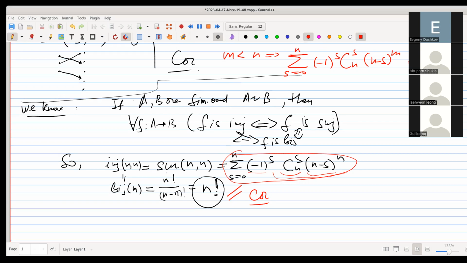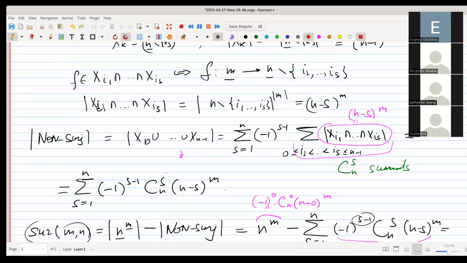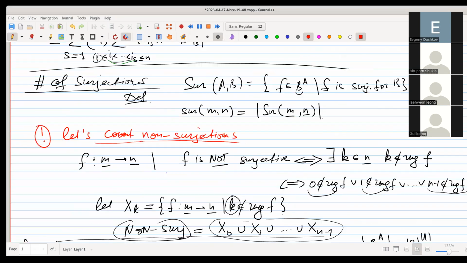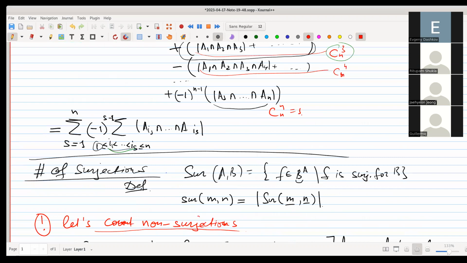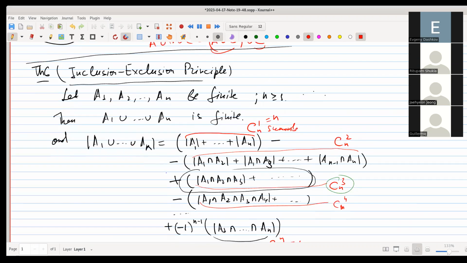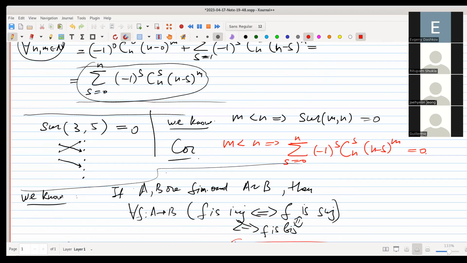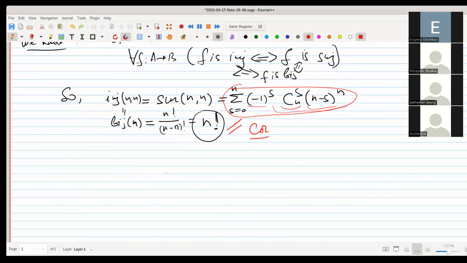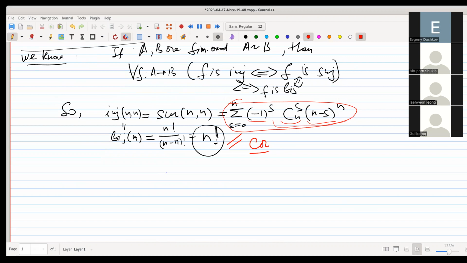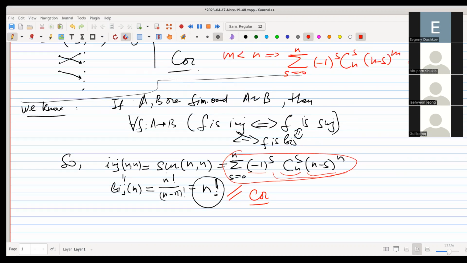So this was an example of combining binomial coefficients, n choose k, with our inclusion-exclusion principle. And this has allowed us to count surjections and obtain two purely arithmetical facts.